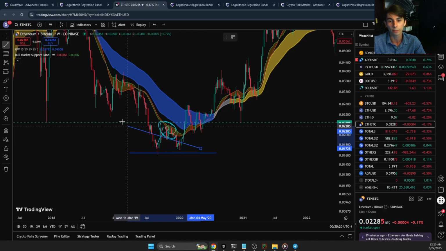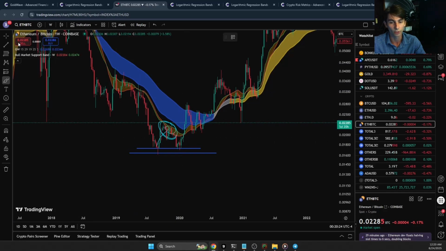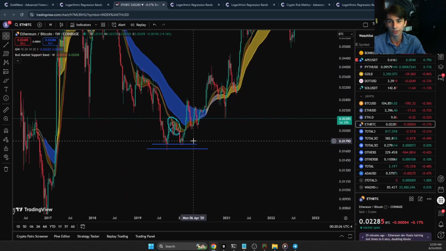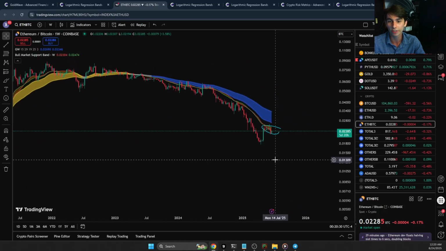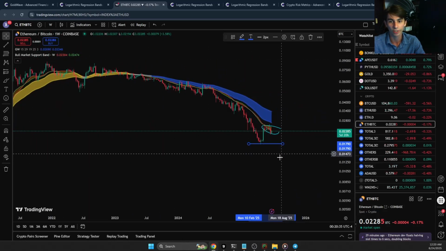And then it made a double bottom here, but a higher low, essentially, which is extremely bullish for the pair, in my opinion.